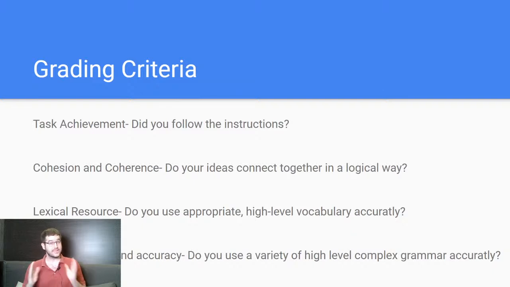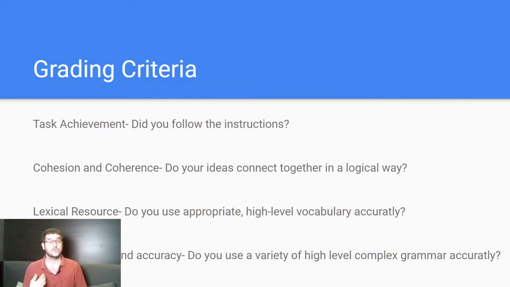I like to shorten this and say CC. This is, do your sentences connect in a logical way? Do you use appropriate and correct CC words? And finally, did you organize your essay well? Did you put them in the right order? And do your ideas follow a logical path?